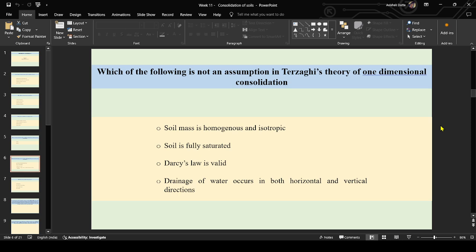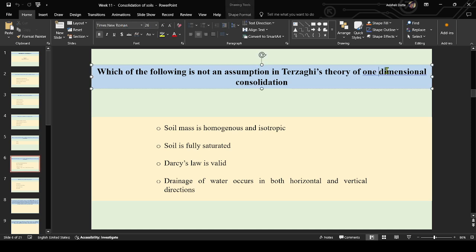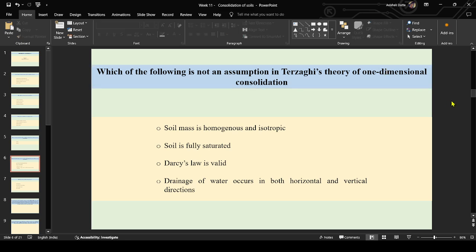Which of the following is not an assumption in Terzaghi's theory of one-dimensional consolidation? First option, soil mass is homogeneous and isotropic.